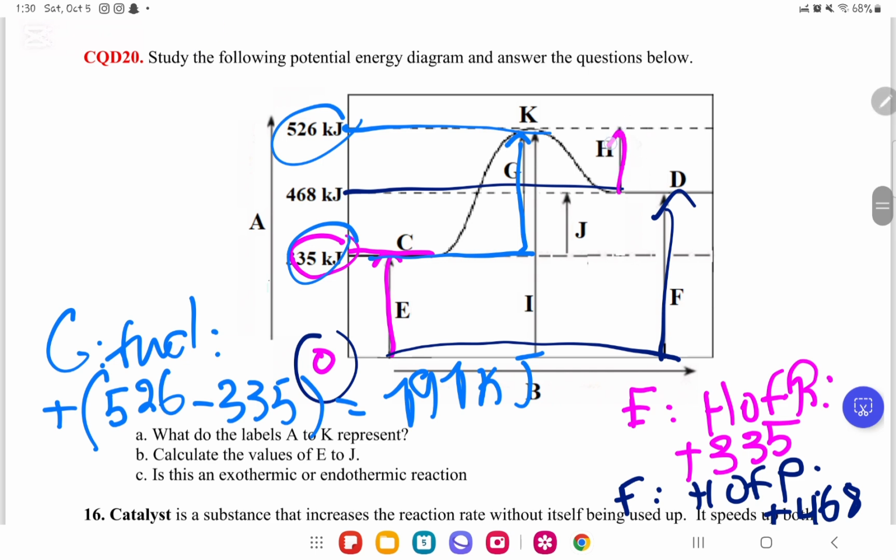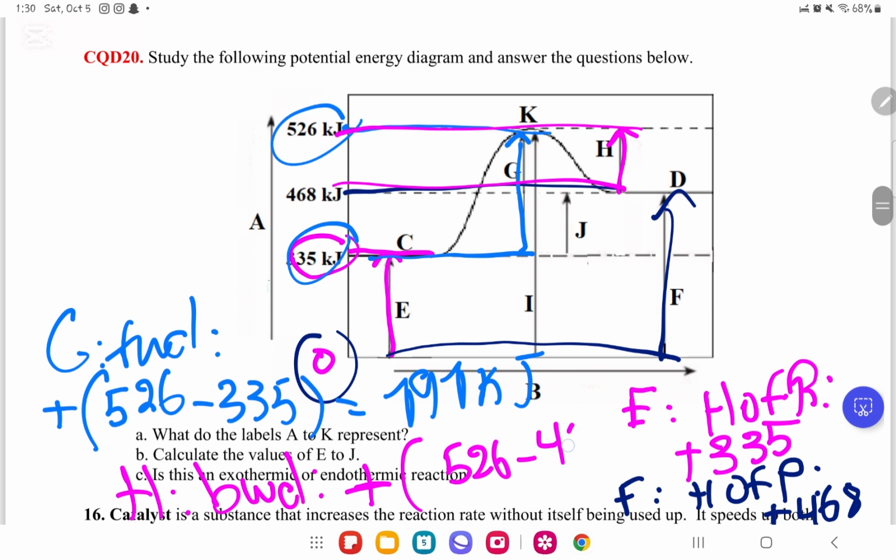Now let's find the value of H. H is our backward reaction, and because it's going in the positive sense, it's going to be plus 526 minus 468. On our calculator, it's plus 58 kilojoules.